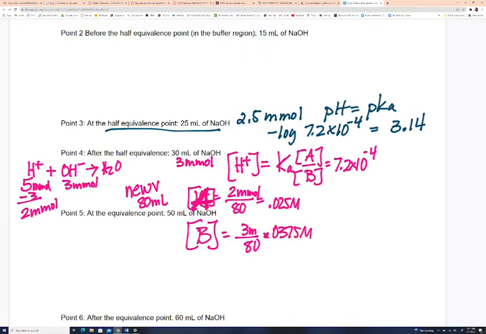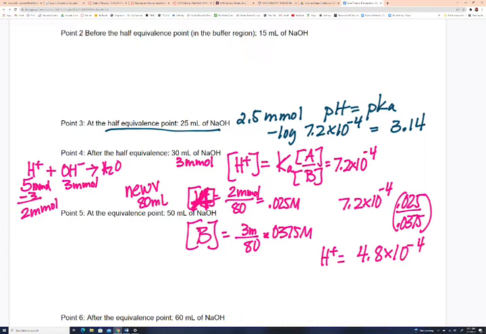0.0375 molar. So now we plug that in, 7.2 times 10 to the negative 4, 0.025 over 0.0375. And then we get our hydrogen concentration is equal to 4.8 times 10 to the negative 4.